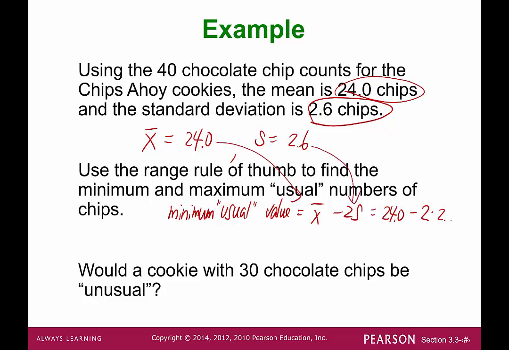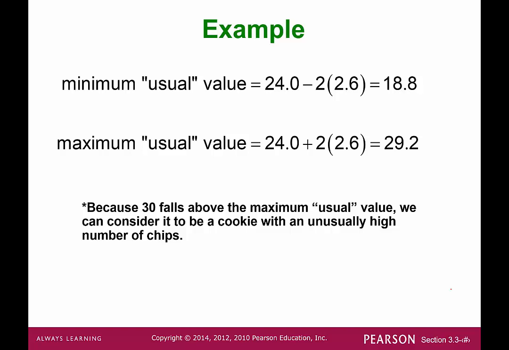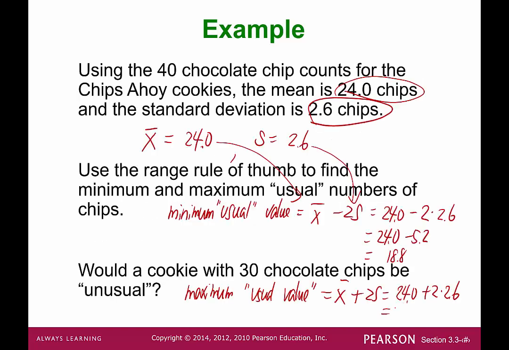That's 24.0 minus 5.2, which is 18.8. You can also find the maximum usual value. Similarly, you do sample mean plus 2 standard deviations. So this is 24.0 plus 2 times 2.6, which turned out to be 24 plus 5.2, 29.2.